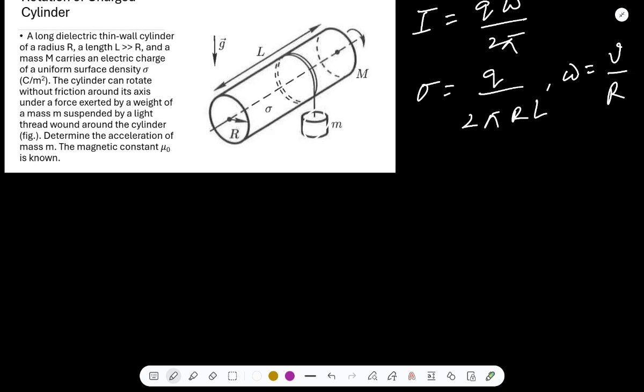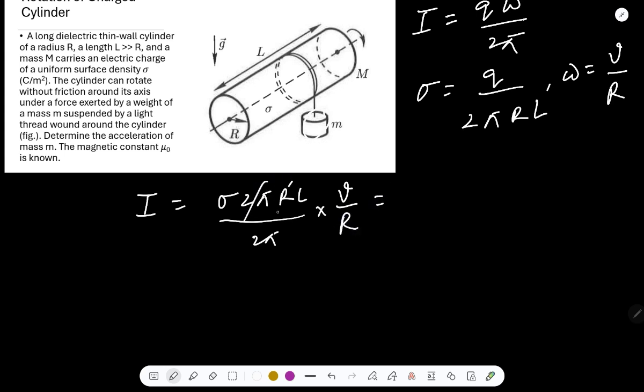And now if we write the value of q and omega in the formula for I, we will get q equals sigma 2 pi r l, q by 2 pi and omega as v by r. Then after cancelling terms, the current comes out to be sigma l v, and that is the total current flowing on the surface of the cylinder, and it is going to produce a magnetic field.